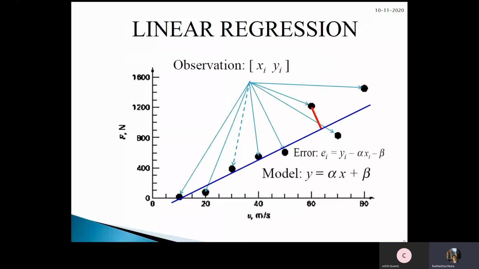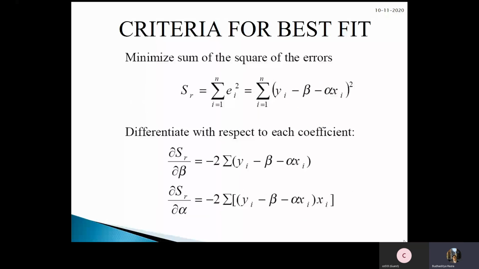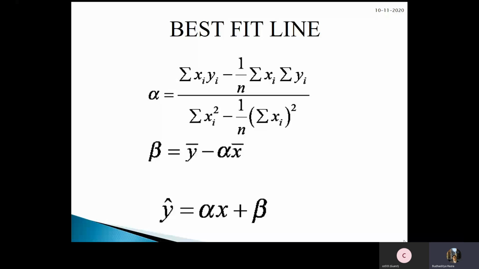So this is basically an optimization problem, right? So you take the partial derivative of the square error, which is basically the sum of the squares of errors, which is Sr. You take the partial derivative of Sr with respect to alpha and beta and set them to 0, right? So what does this do? It gives you basically the unknown coefficients alpha and beta.